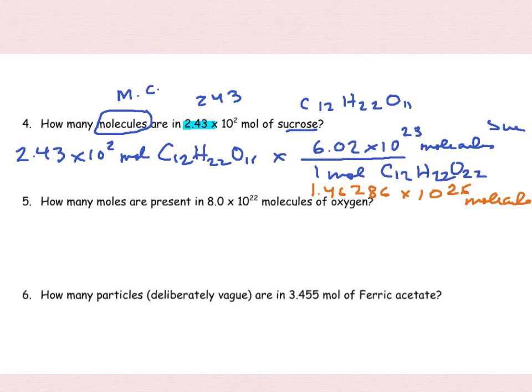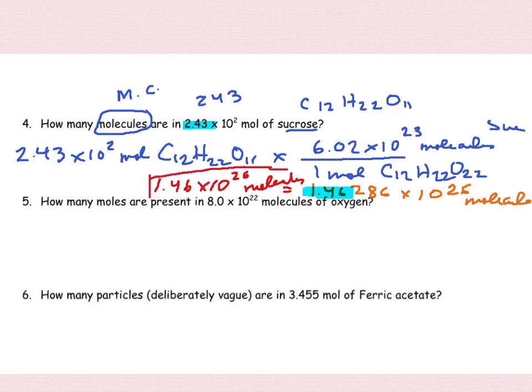You can only keep 3 in your answer. So your final answer when you round, represented with a box, should be 1.46 times 10 to the 26th molecules of sucrose, and a nice neat box around your answer.